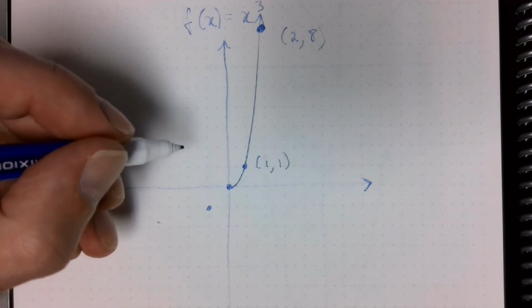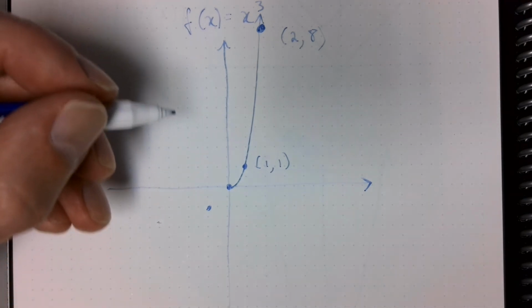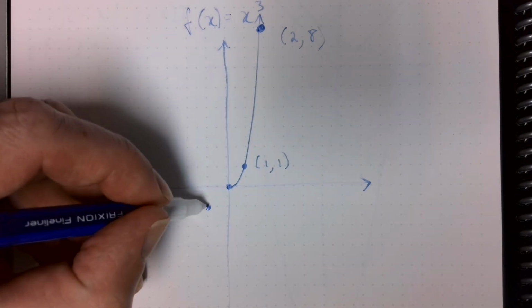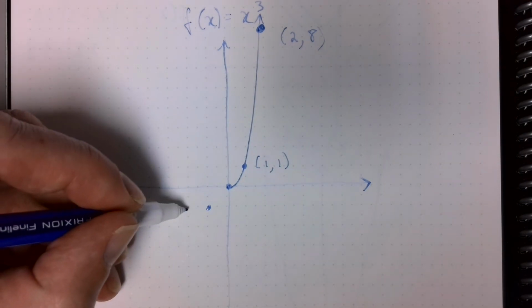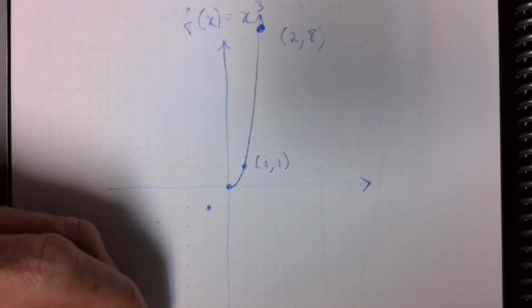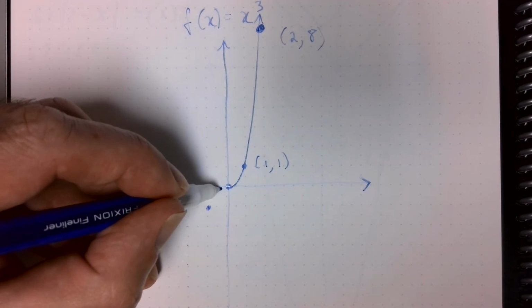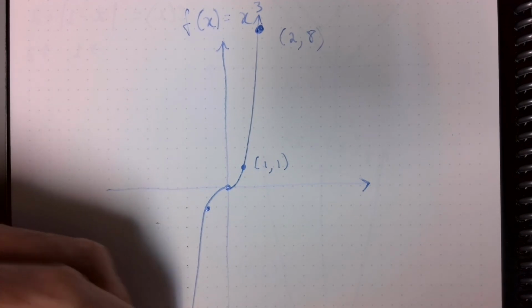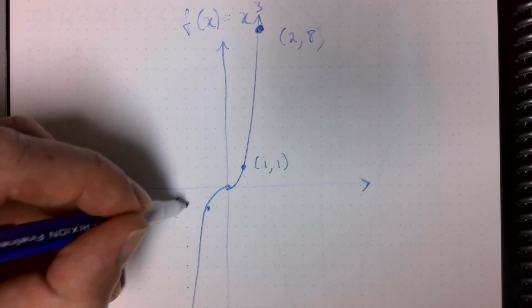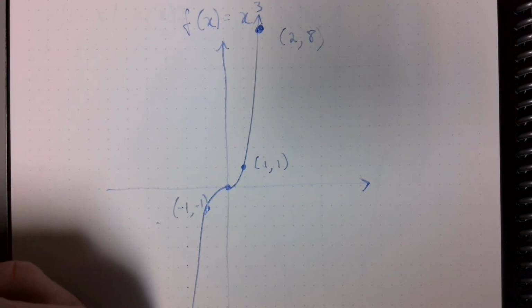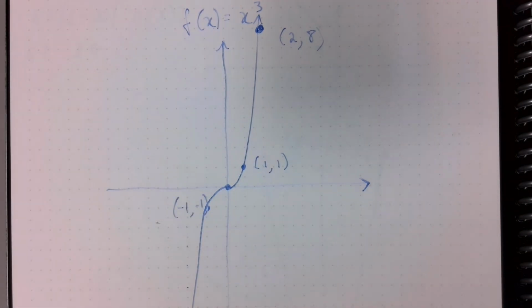If I take -1 and cube it, it is -1 times -1 times -1. 3 negatives give me -1 out. 2, comma -8 is on the graph. Okay, and here is where we really see the difference between the graph of x cubed and the graph of x squared.